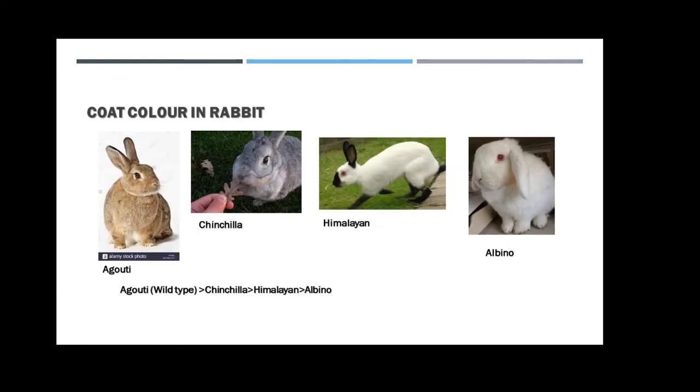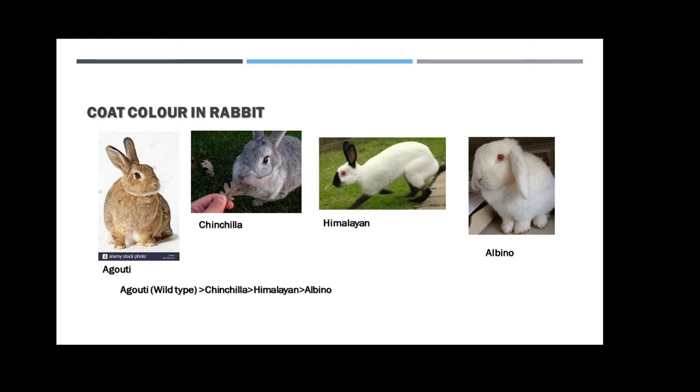Like this, multiple alleles are expressed in and are the reason for the coat colors in rabbits, bunnies. They mainly have four different coat colors, of which agouti is the dominant one, the wild type color.